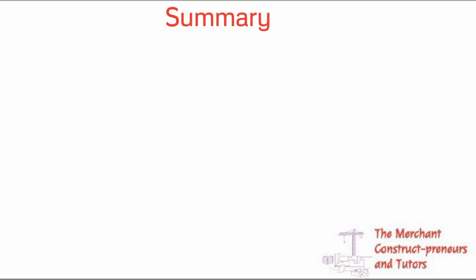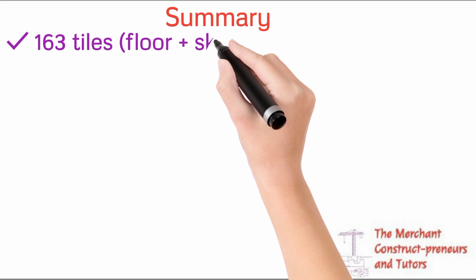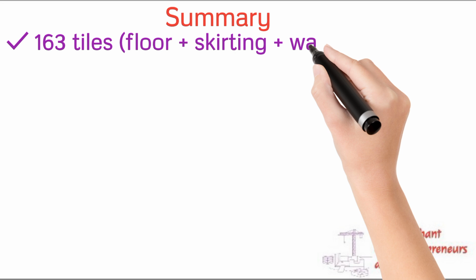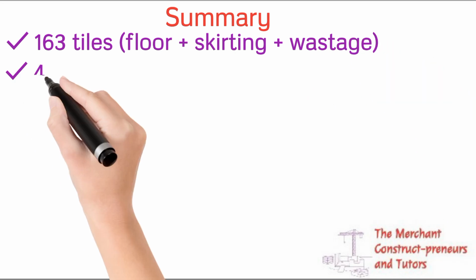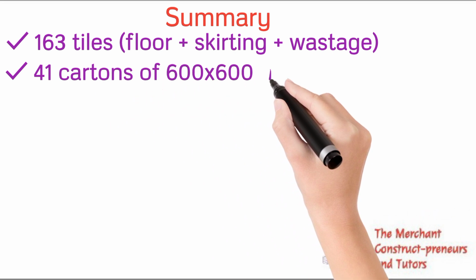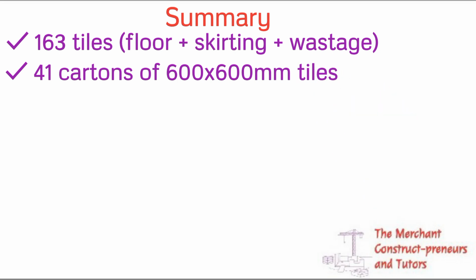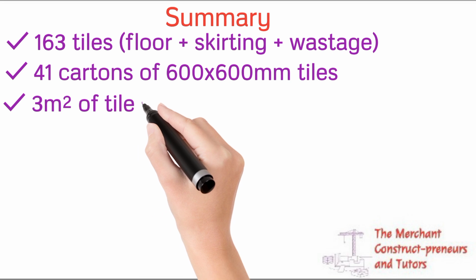So the next thing is to summarize everything. From the summary, we know that we are going to use 163 tiles, that is 600 by 600, 163 numbers for the floor, skirting and wastage, everything. Then 41 cartons will be bought, right?